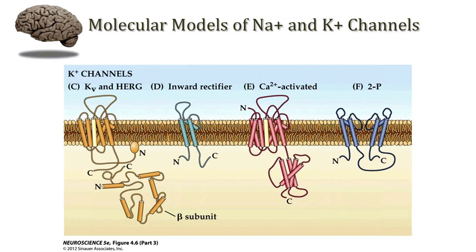That is, not just one integral membrane protein, but more commonly 4 integral membrane proteins that come together and constitute the voltage-gated potassium channel, or potassium channel that's gated by some other mechanism.